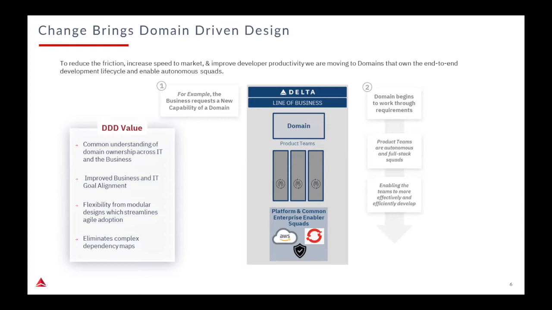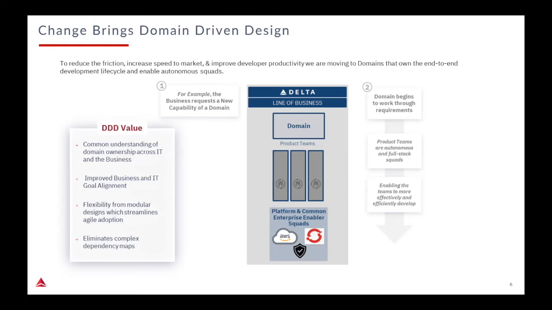The other piece, as we're going through this journey, and it is a journey, we're just starting it within the last year, is that as those service layers get absorbed into the domains, teams are really looking at a SOA operation as a set of requirements that my domain is delivering to the organization.